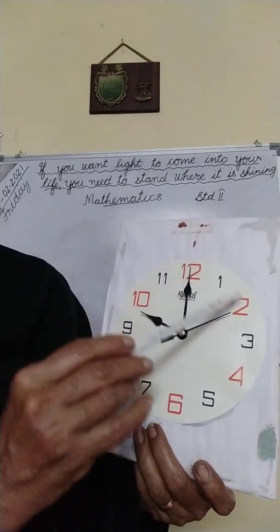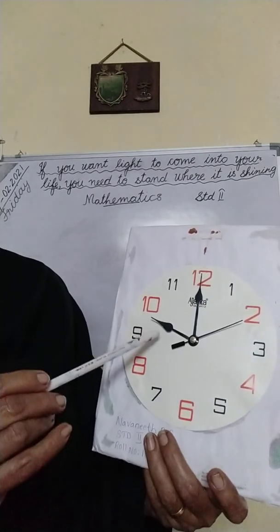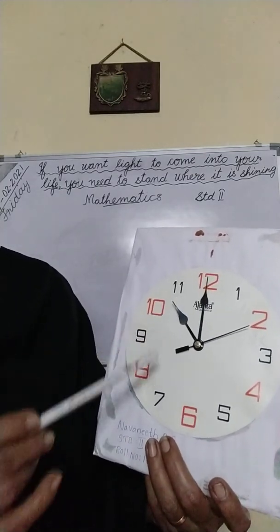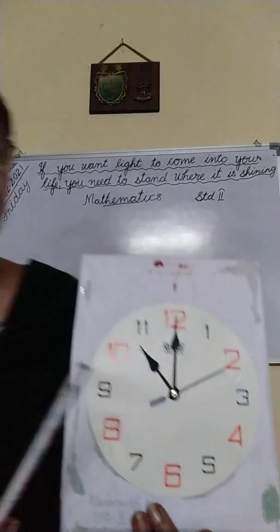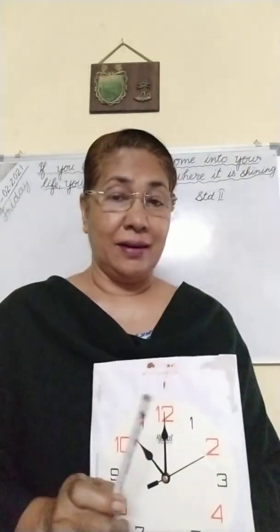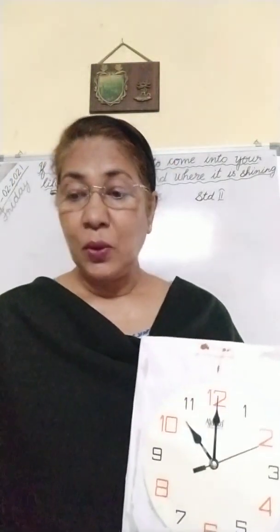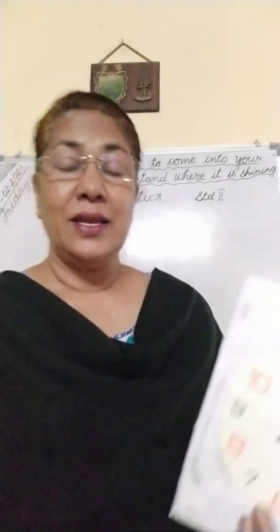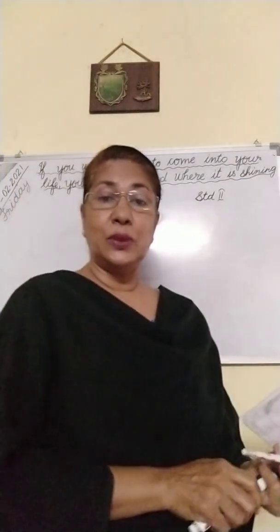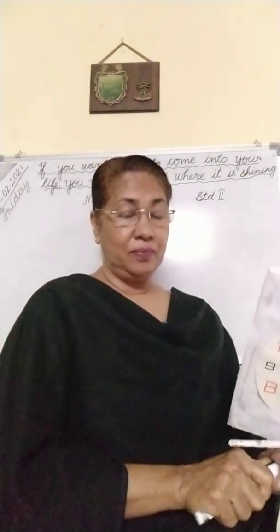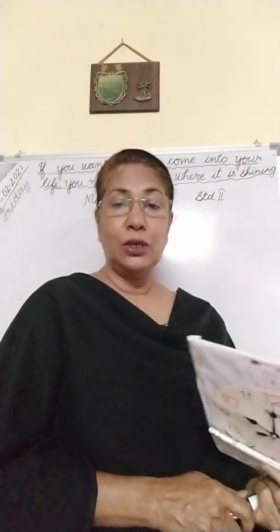When this goes 60 times round, it makes 1 hour. 60 minutes equal 1 hour. And 60 seconds equal 1 minute. You have to copy this down into your notebook.